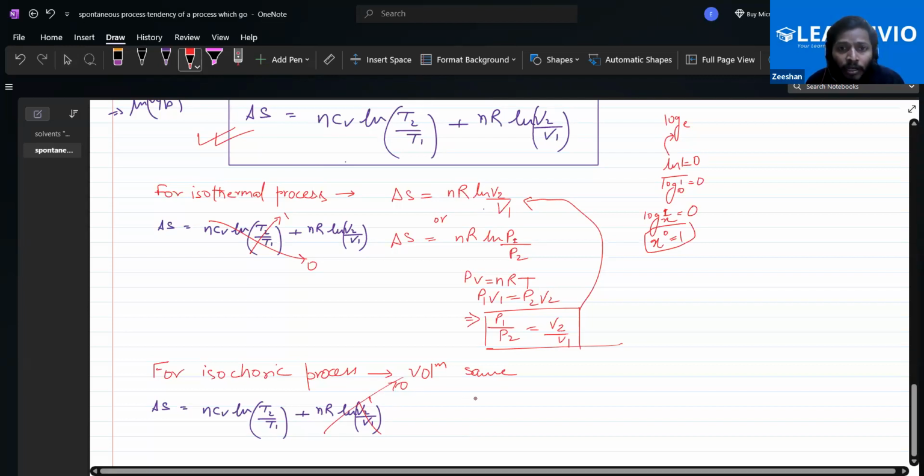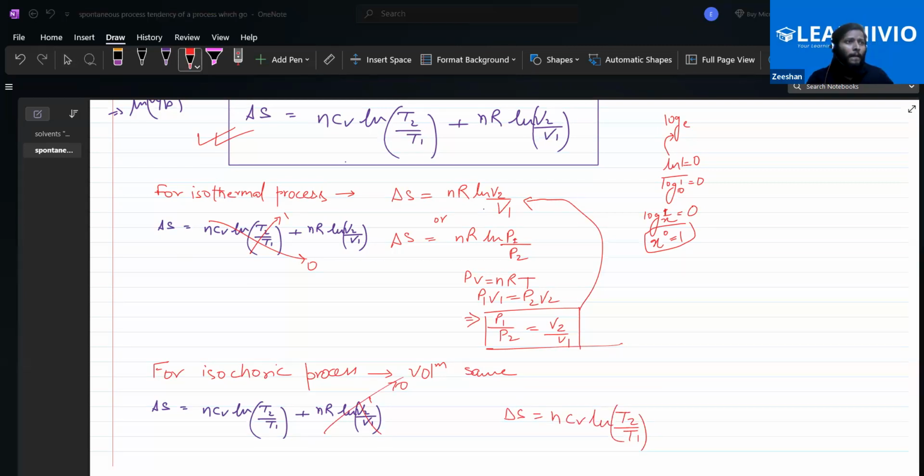So finally we will get delta S is equal to nCv ln T2 by T1, right? So you don't have to remember each and every formula. You got my point?